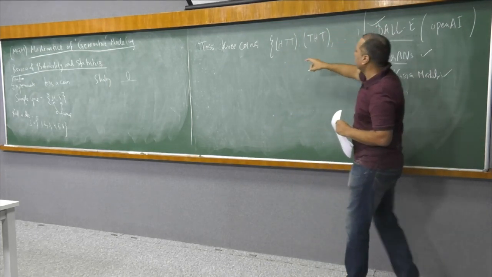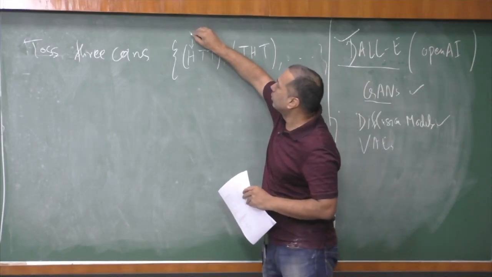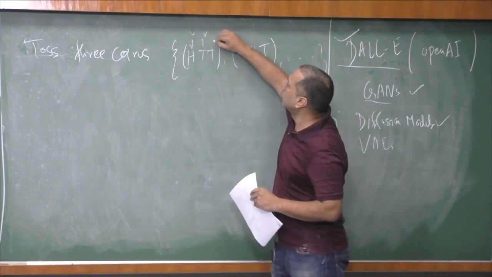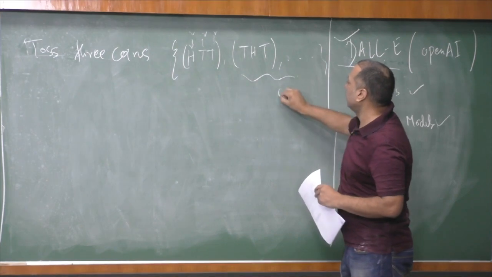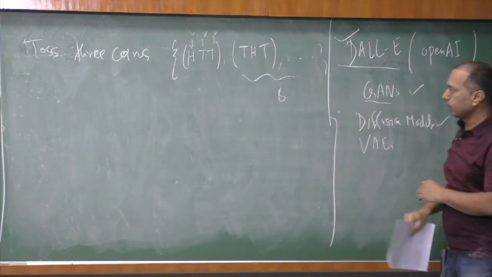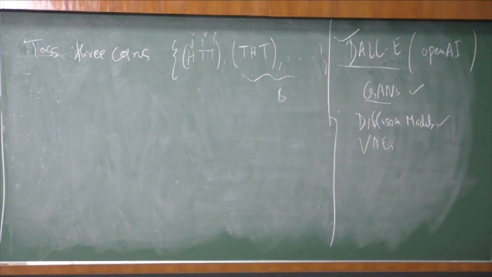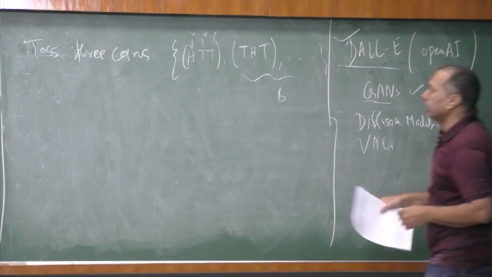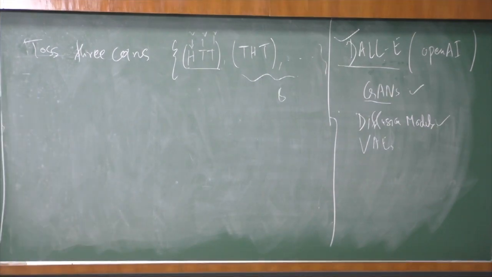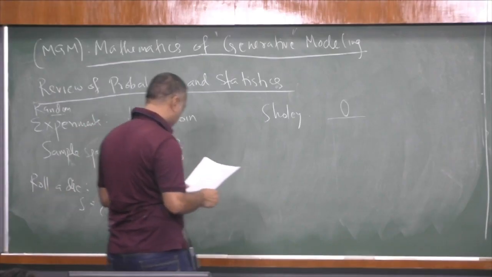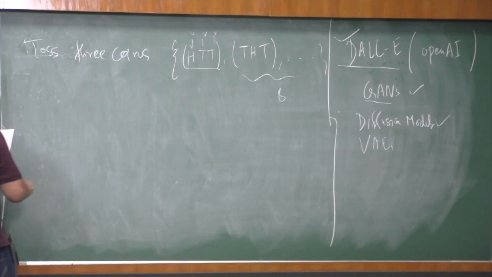At each place, I have 2 options, so 2 times 2 times 2, which is 8 possibilities. So there are 8 possible outcomes if I throw 3 coins simultaneously. Okay.